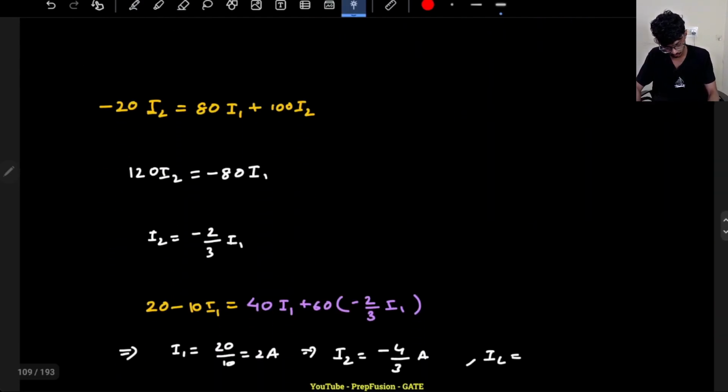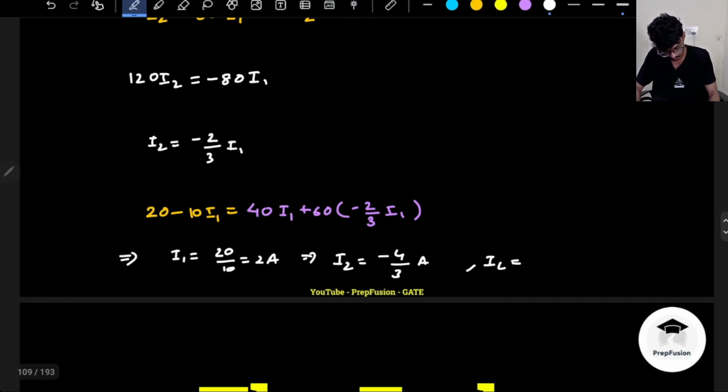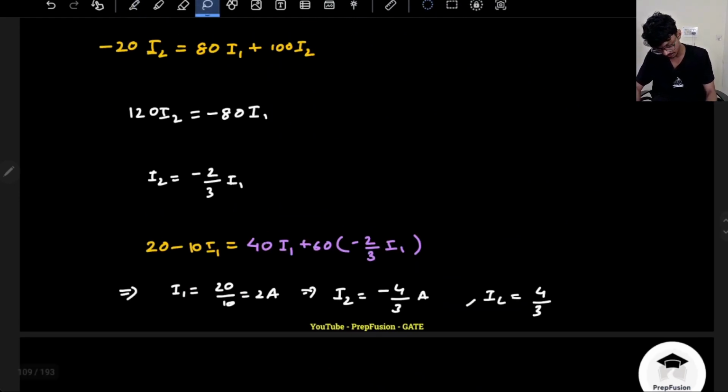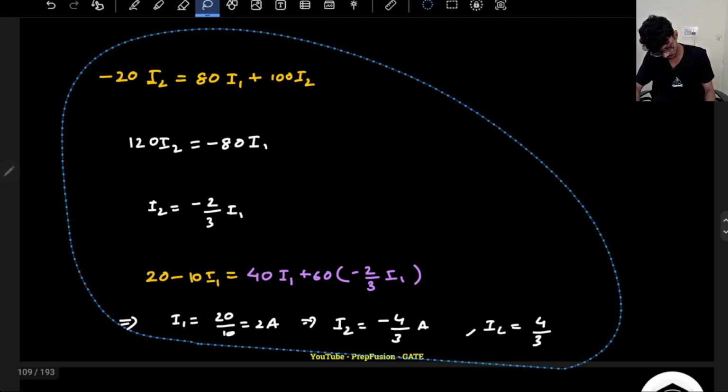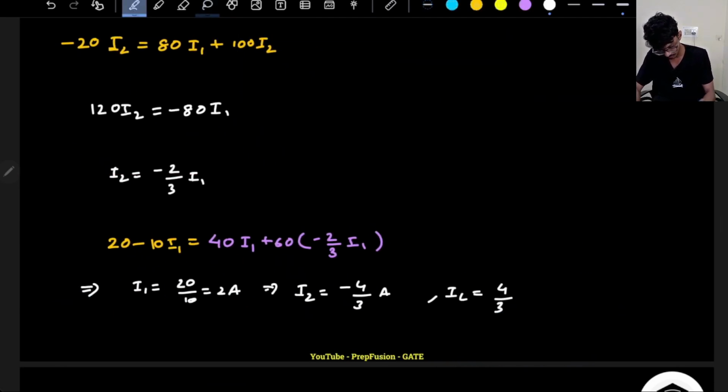So both are opposite, so obviously IL will be negative of I2, that is plus 4 by 3. Now you can calculate the power in the load. Power in the load will be IL squared R, so 4 by 3 whole squared into R, which is 20.